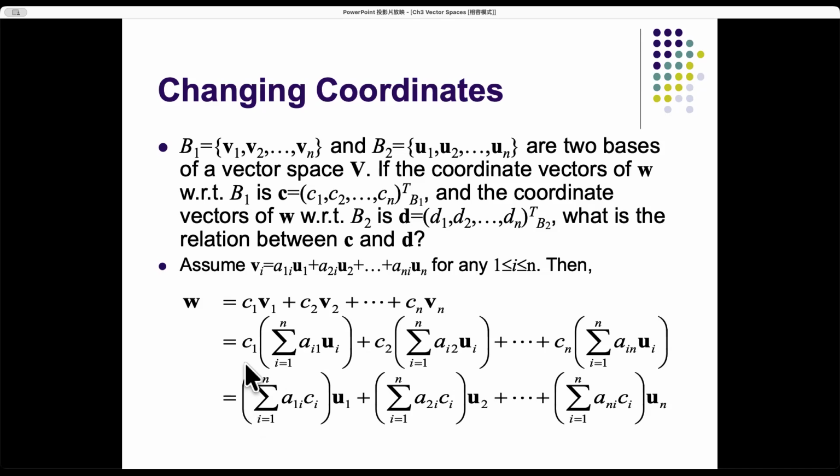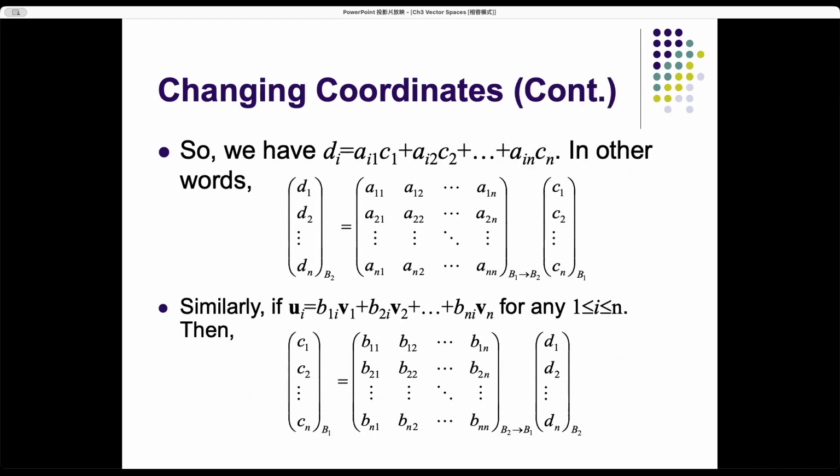So what does that mean? That means this coefficient is D1, this is D2, and this is Dn. Actually, you can represent it in the form of a matrix: D1 to Dn equals the matrix with entries A11 and so on, times the column of the Ci.